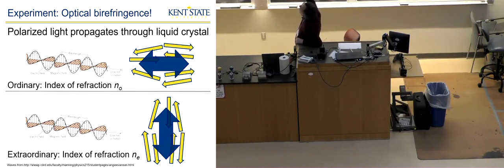As the light passes through, the electric field going up and down tends to push the electrons around, but within the molecules across the short dimension of the molecules. So the electrons can't go so far.